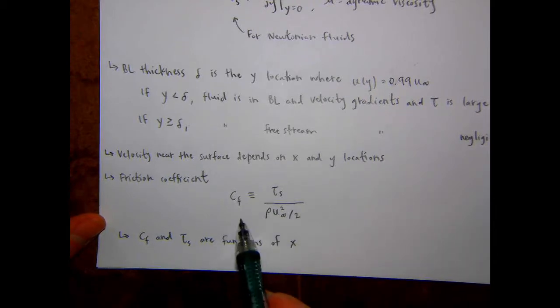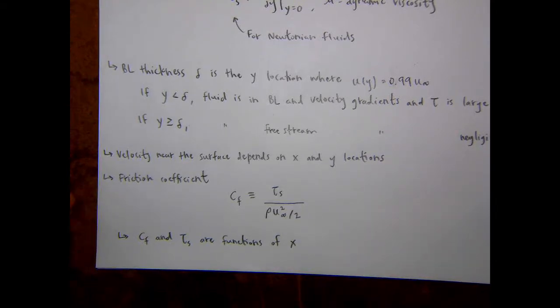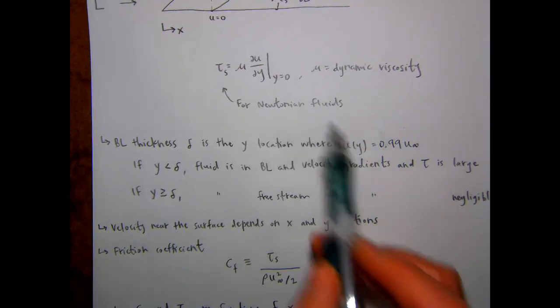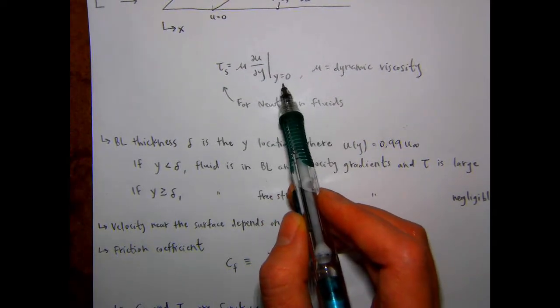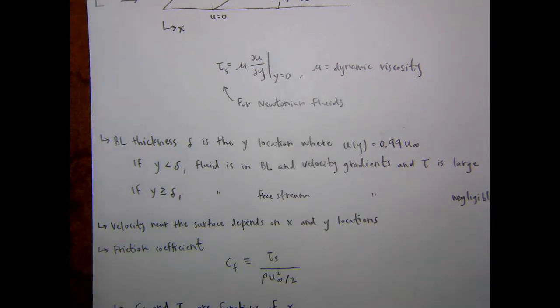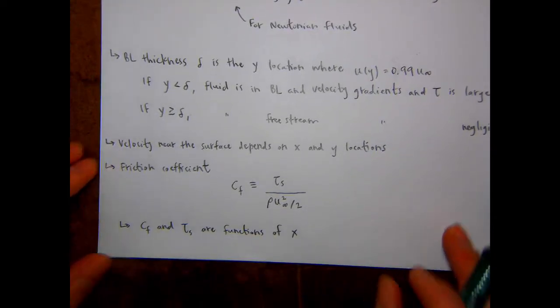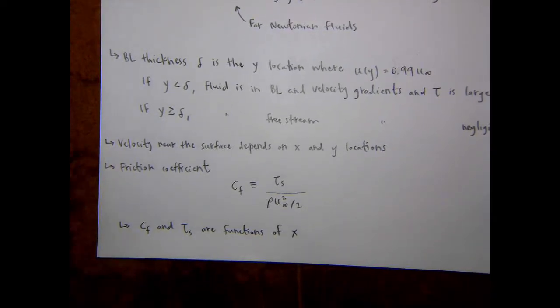And because the friction coefficient depends on the shear stress, it varies with x as well. And again, for the shear stress, you're interested in just the gradient at y = 0. So you don't really have to consider the y dimension for those parameters. Okay.